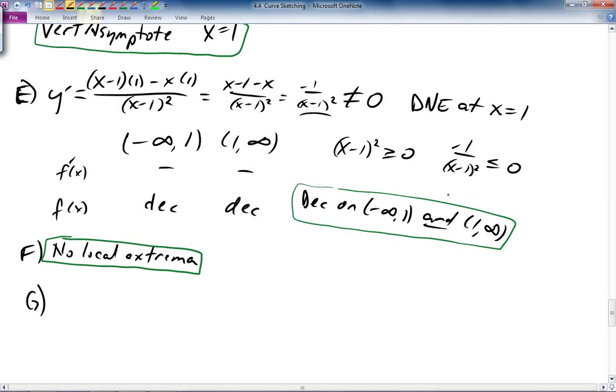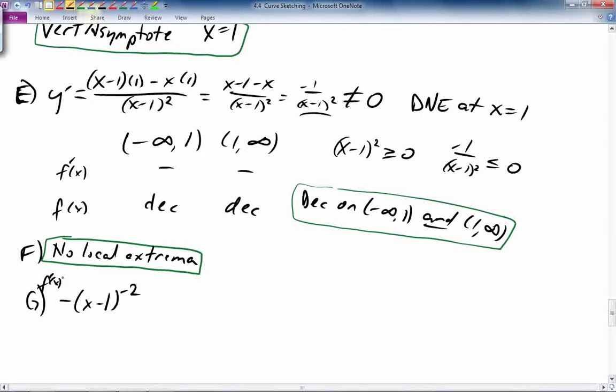I could certainly use the quotient rule again, but when I see that, especially with a negative 1 in the numerator, I recognize that that is the same as saying negative x minus 1 to the negative 2 power. I take it out of the denominator and make the exponent negative.